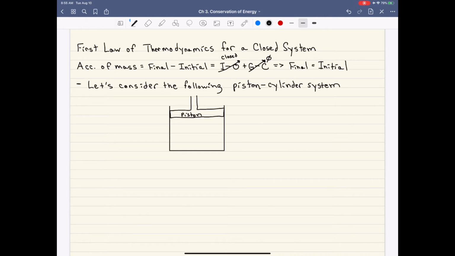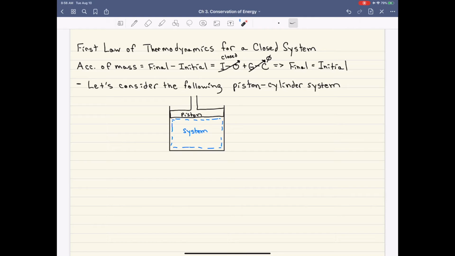This piston is sealing off some sort of quantity inside the cylinder. This system could be made up of a gas, it could be made up of a liquid, even a solid, I guess. But in any case, the system that we're going to be talking about is going to be enclosed entirely underneath the piston within the entire cylinder setup.